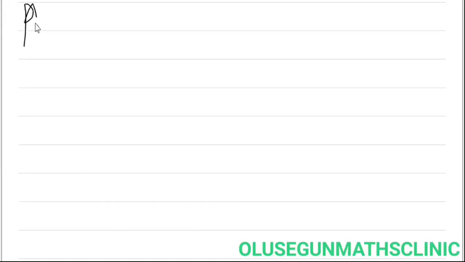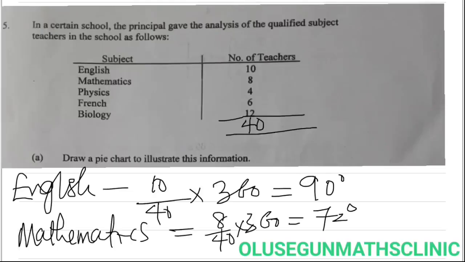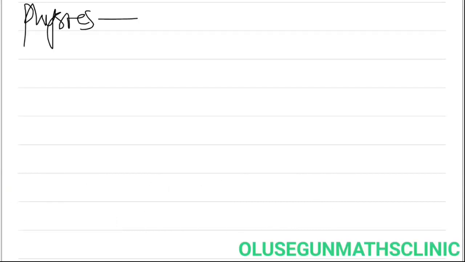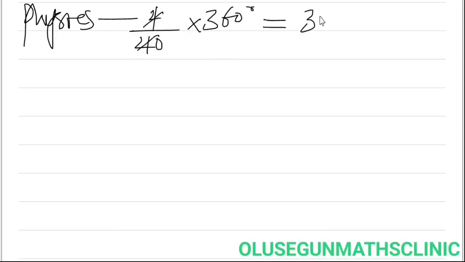For physics, how many teachers? We have 4 over 40 times 360 degrees. So by the time this one cancels this, we have 36 degrees.